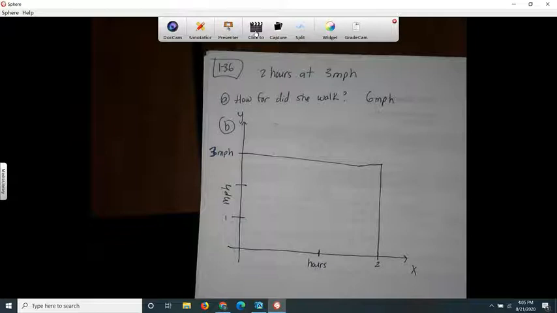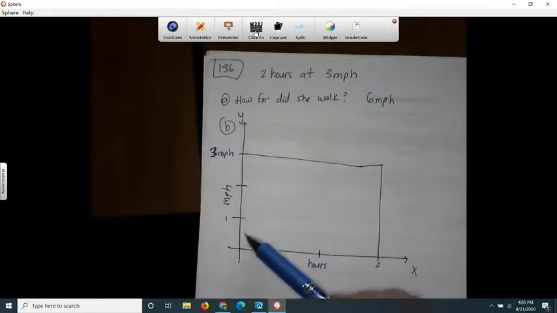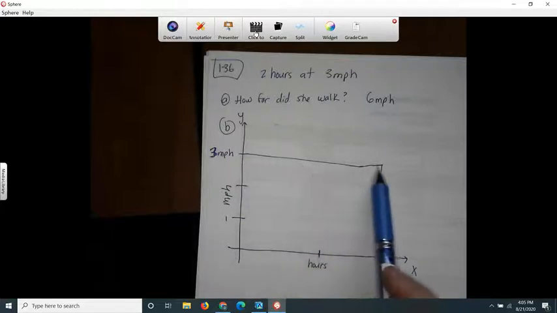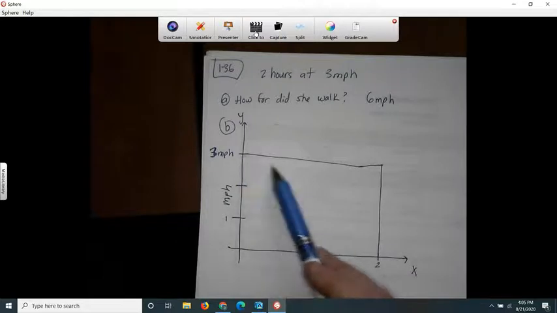Like you're at a stop, and then all of a sudden you go instantly to 3 miles per hour walking. So I don't think it's like a car where it takes a little while to accelerate up to speed. I think you could actually just start walking. Think of a treadmill, when you just push the button and you could just start walking right away.